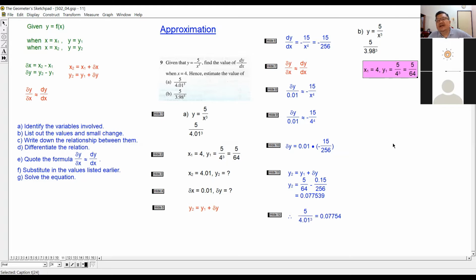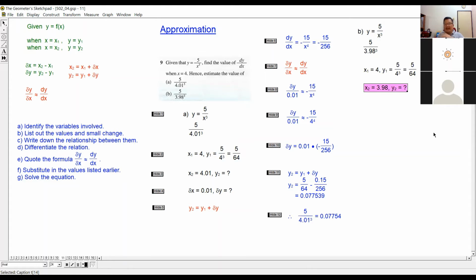Okay, what is the next step then? The next step is you have to use y1 plus delta y. So you have to find your delta x and your delta y. Now we know that my x2 is 3.98, and what is the value of y2?